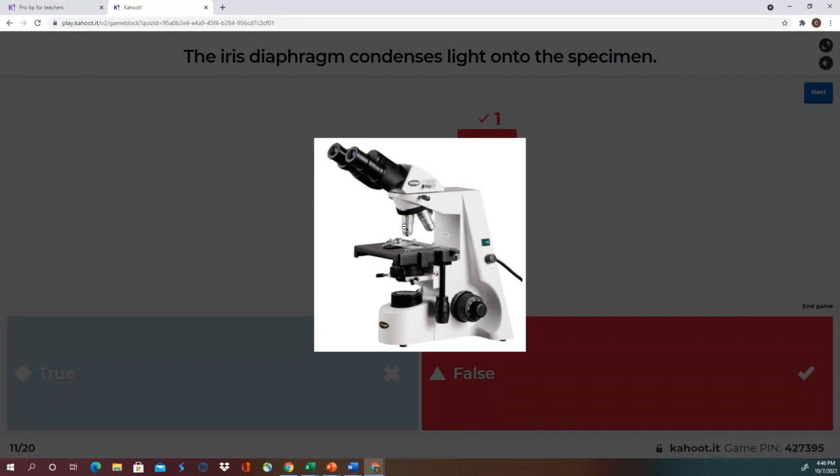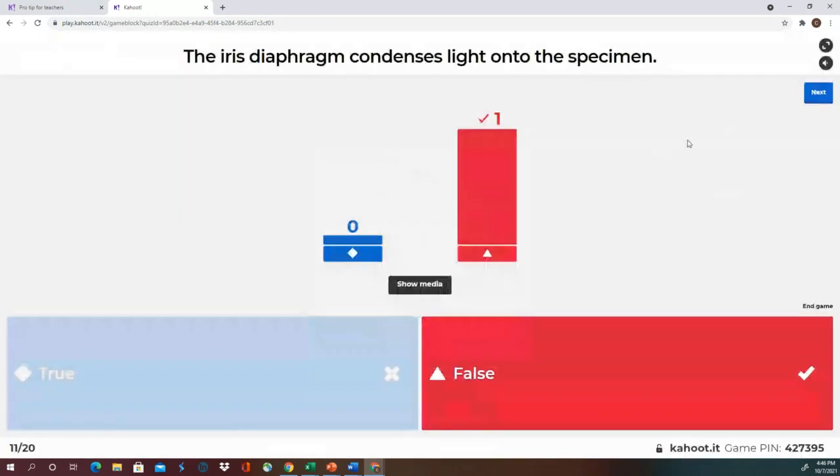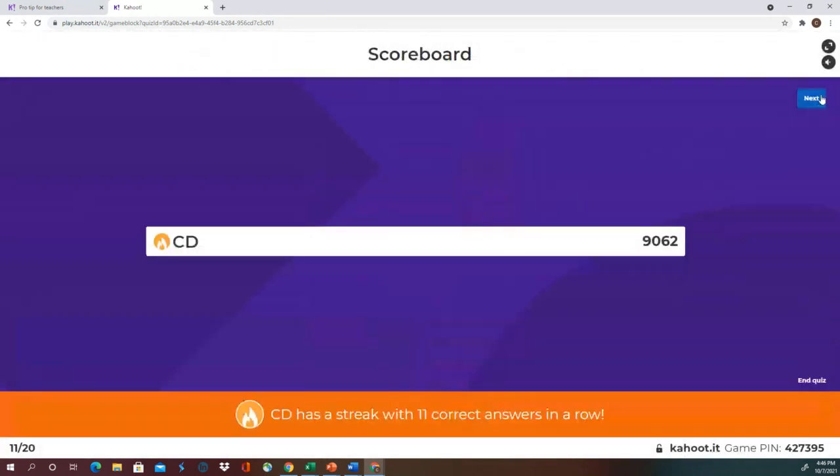So the scanning lens is 4x, low power is 10x, high power is 40x, and the oil is 100x. And then you need to be able to calculate the total magnification. And so that's where you're multiplying the objective lens magnification times the ocular lens magnification. And all the oculars always have a 10x magnification.